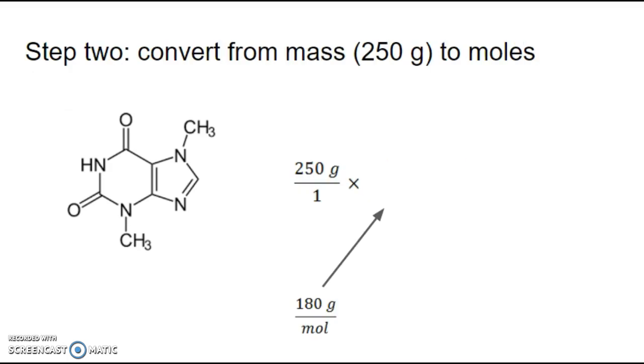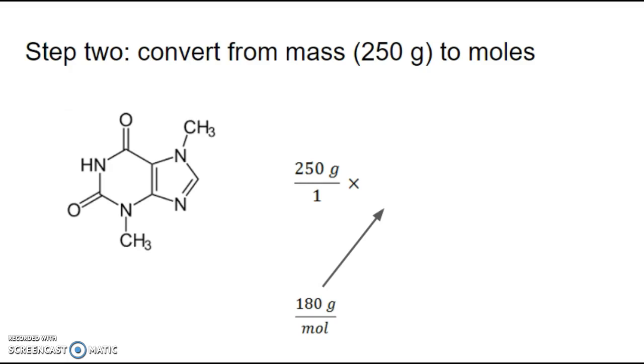Our next step will be to convert our mass, which we know to be 250 grams of theobromine, to moles. So we have here the given, which is 250 grams, and we will divide that by 1 because that will just equal itself, still 250 grams. What we do also know is the gram formula mass for this compound, which is 180 grams per mole.